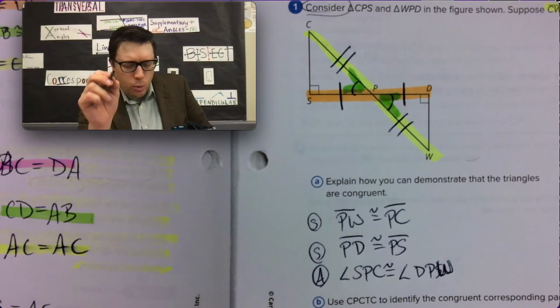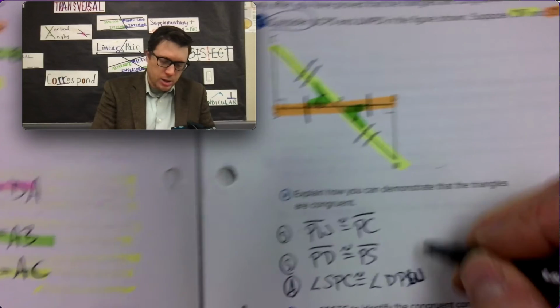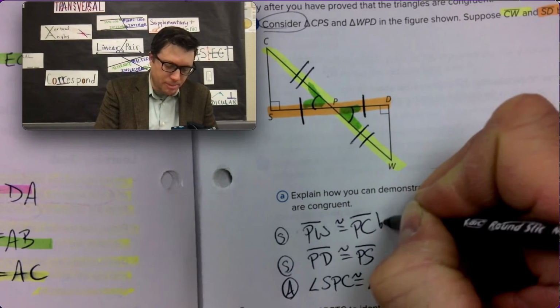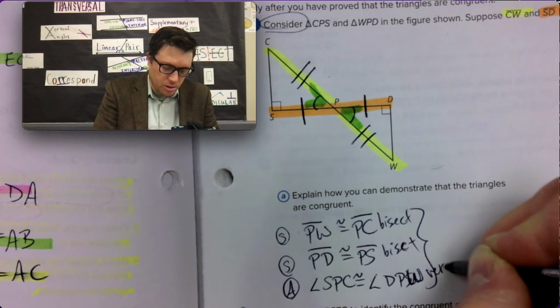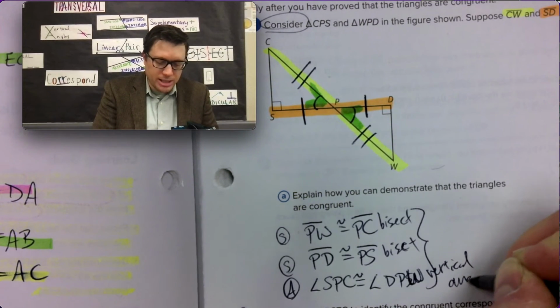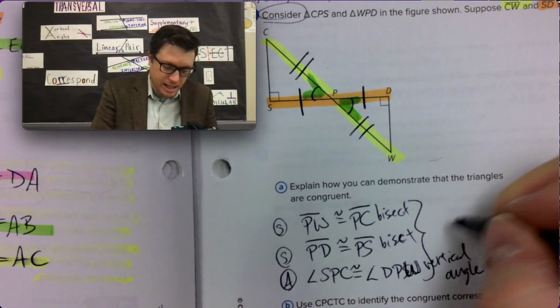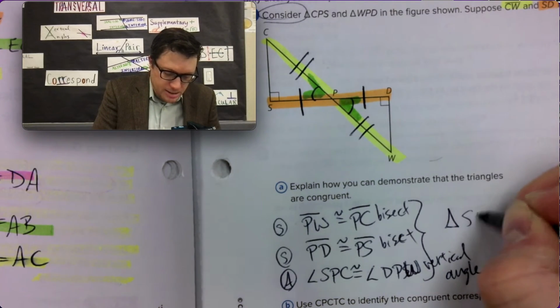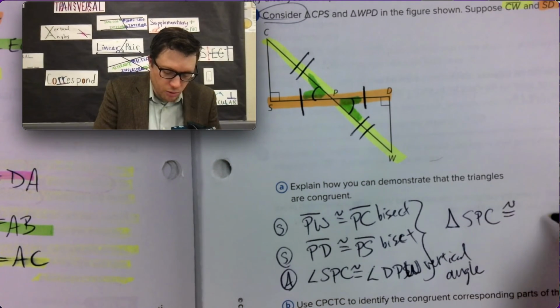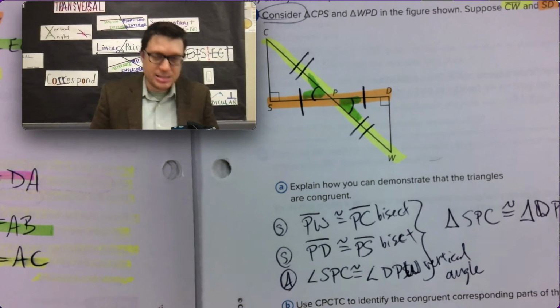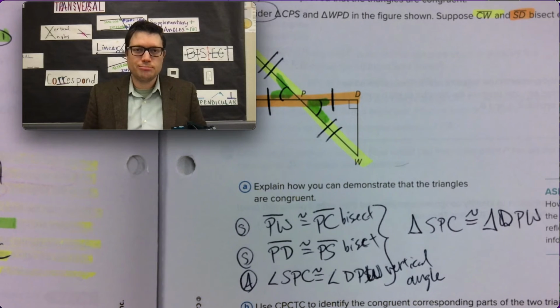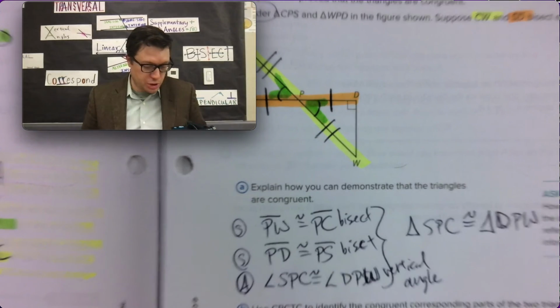Don't think of the swear word. Think of SAS. So for these reasons, this is bisect. This is vertical angle. For those reasons, we are allowed to say triangle SPC is congruent to triangle DPW. That's how I would demonstrate the triangles are congruent.